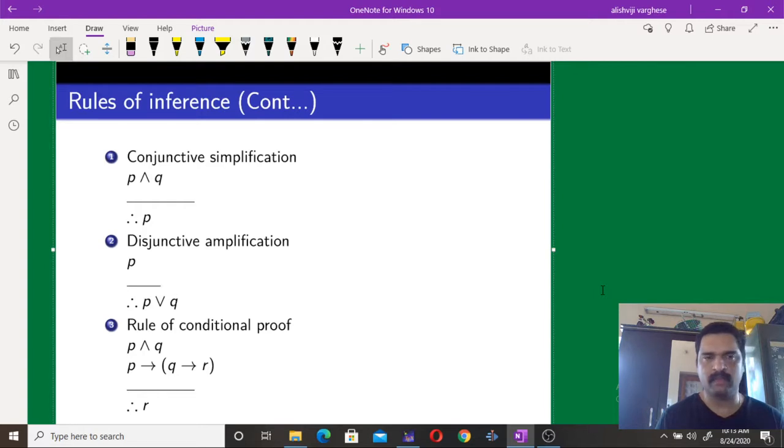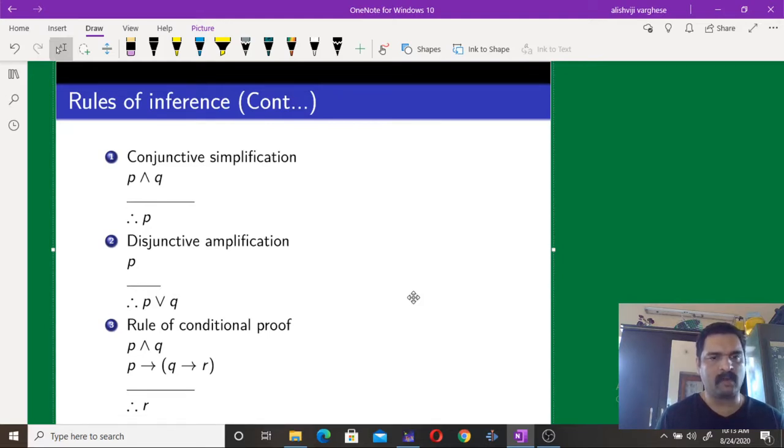P and Q: if P and Q are true, then P is true. Also, we can write Q is true. That is known as conjunctive simplification. Then disjunctive amplification, that is P, then P or Q. If P is true, then P or Q is true. We already know that P is true, so P or Q is also true.